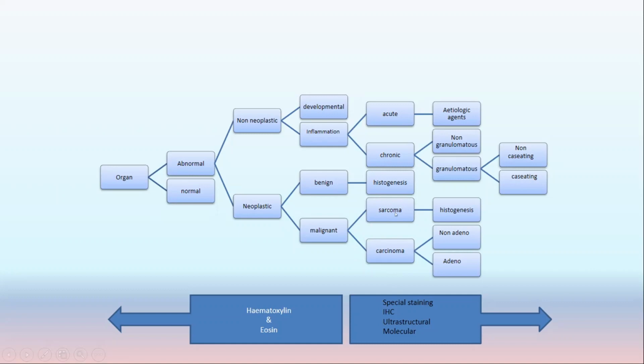So if you think it's sarcoma, you have to look for the histogenesis. This is where our topic today, stains, would help to differentiate between all these. If you think it's a carcinoma, epithelial origin, you have to decide whether it is gland forming, which we call adeno, or non-gland forming, which is non-adeno.